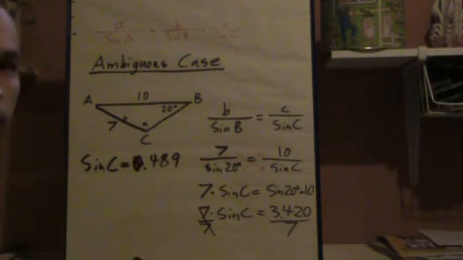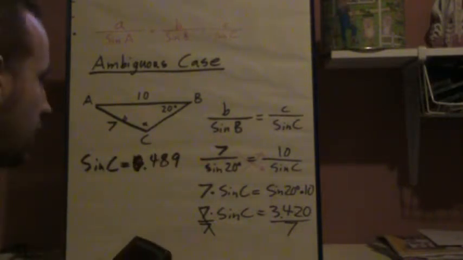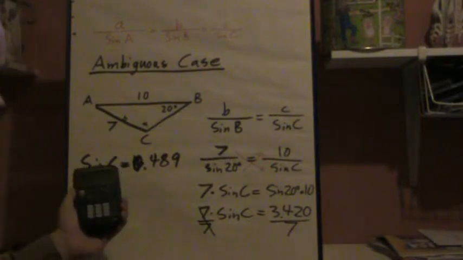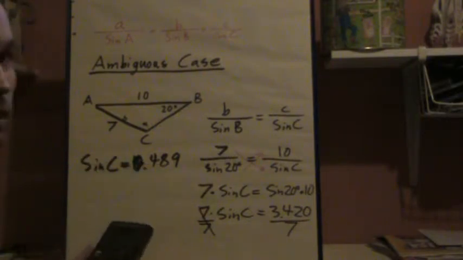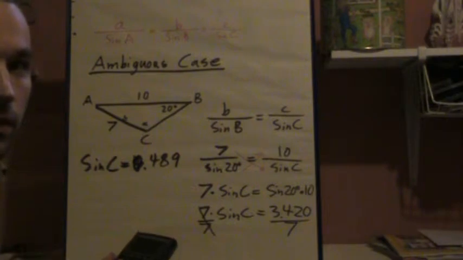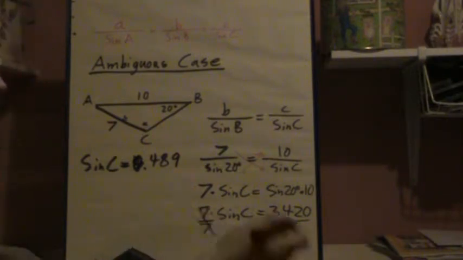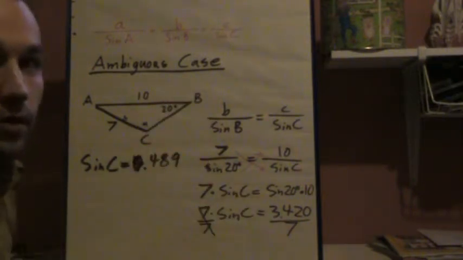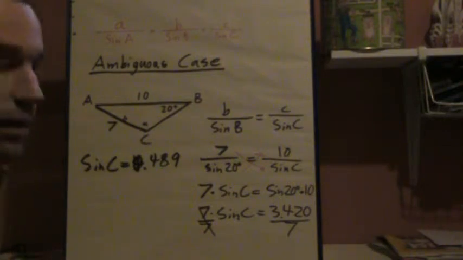0.489. Okay? And if you remember from class, that's the sine of C equals that. A lot of the people that I find make the mistake will say, well, my angle C is 0.5 degrees, which is obviously wrong.